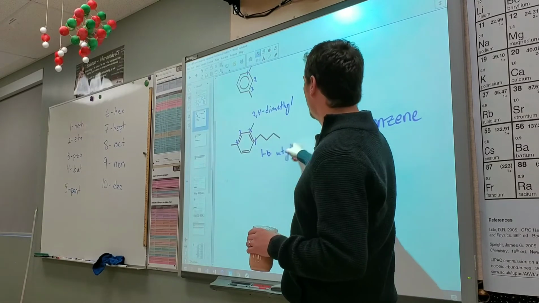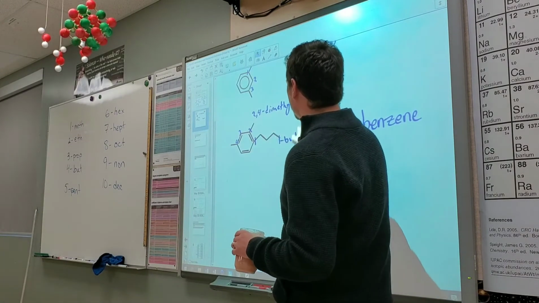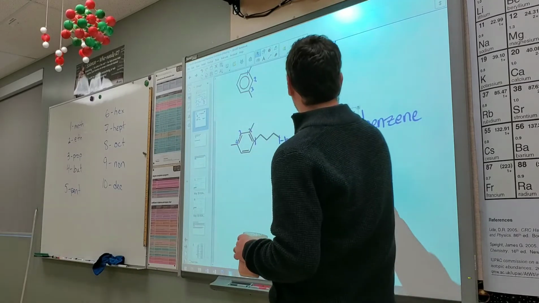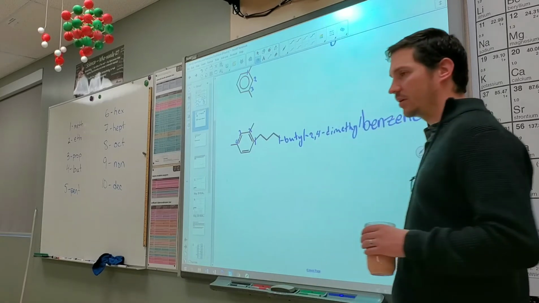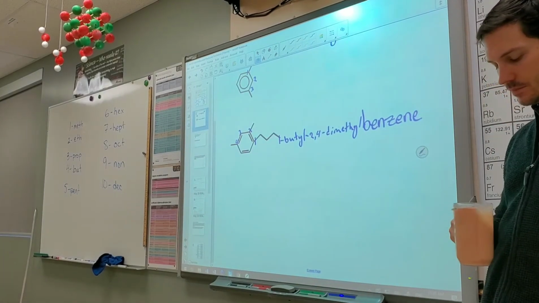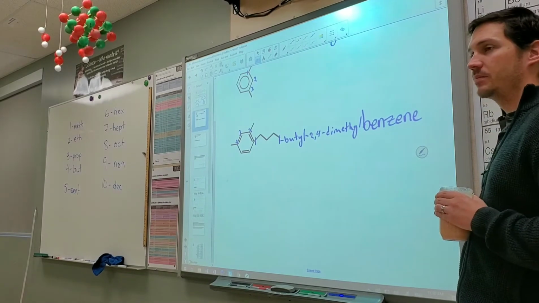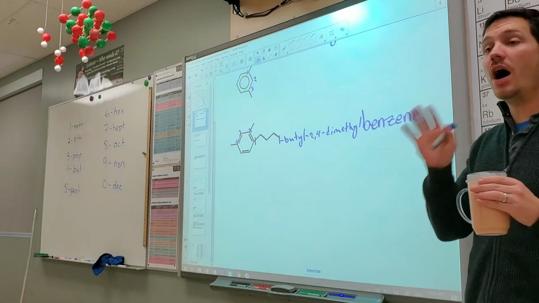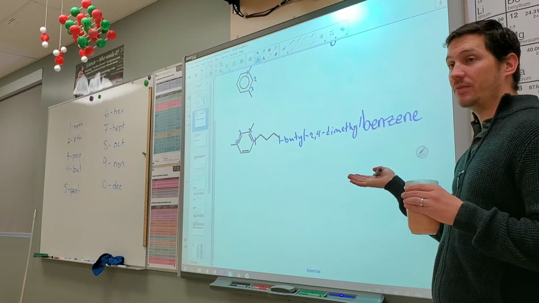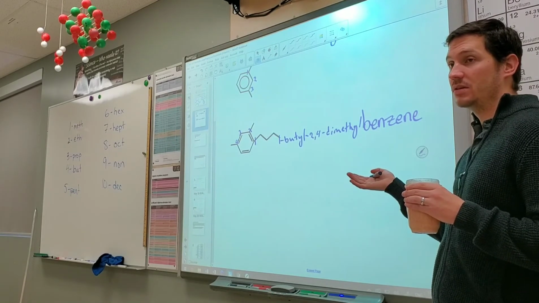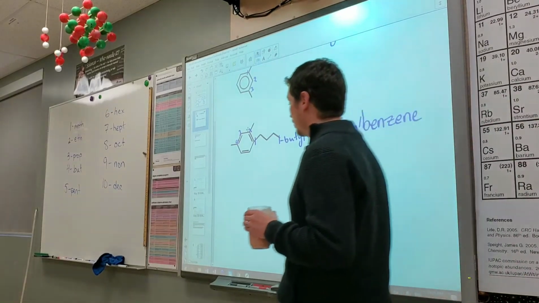So I'll put the butyl first, and then I'll put the 2,4-dimethyl second, and I'll put a gap in between them, and we're good to go. 1 butyl, 2,4-dimethyl benzene. Okay, so far, other than the name benzene, is this any different from naming cyclic compounds? No. Okay, so it's just benzene that you have to get used to, right?